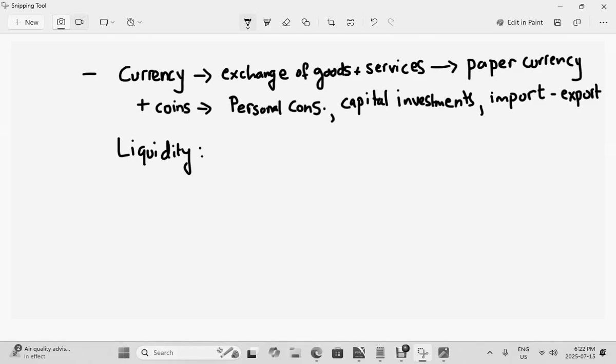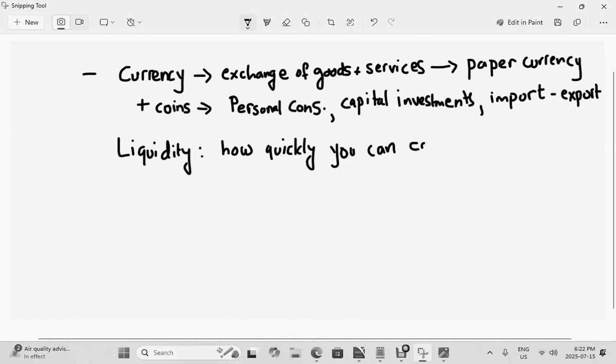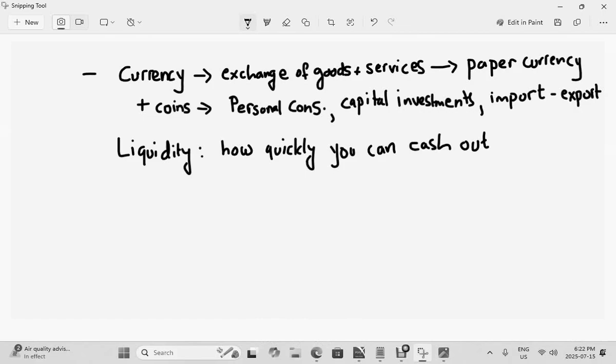Liquidity has to do with how quickly you can cash out assets.